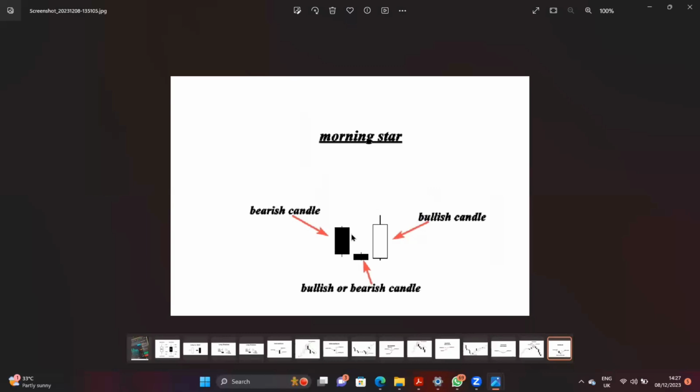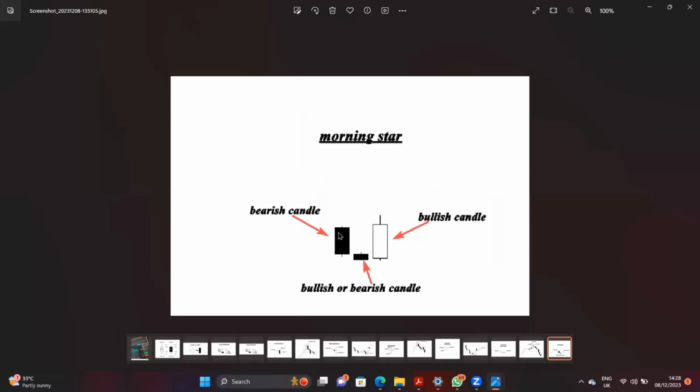The first candle is bearish, like I mentioned, which indicates that sellers are still in charge. Remember when we talked about long candles, which most times mean momentum and strength?